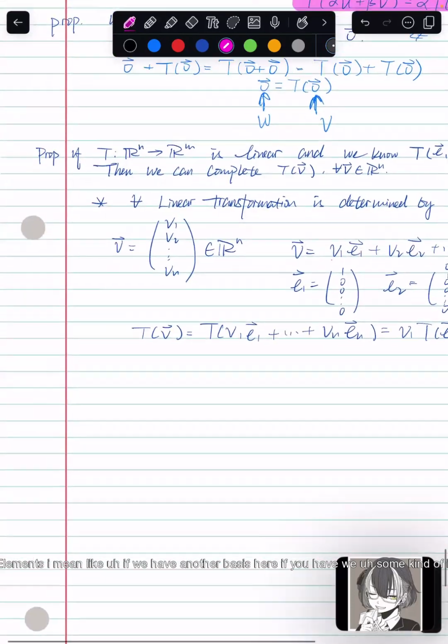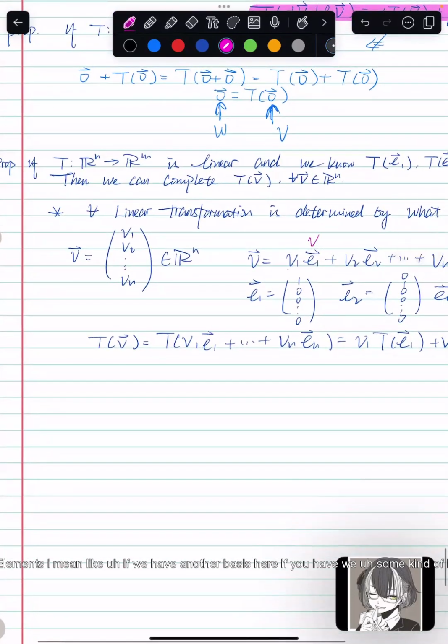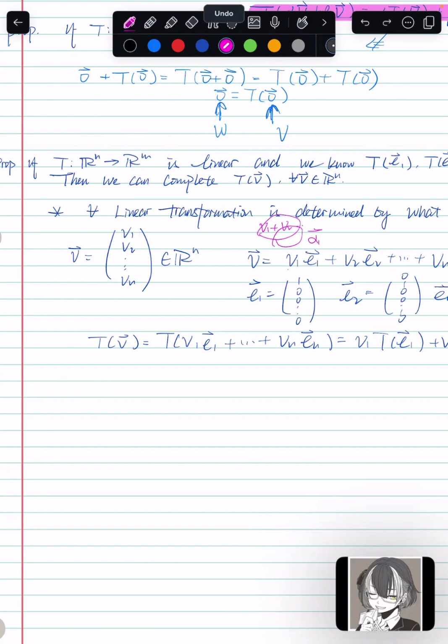If we have another basis, like some alpha one instead, then this place would be something like V1 plus V2 and something else. And this is also a scalar value because these numbers are. For example, if V1 equals 1, then here it could be 11 or something.